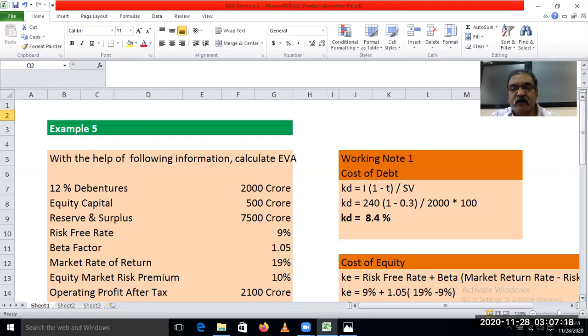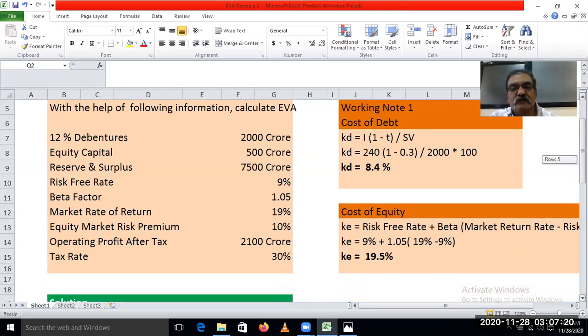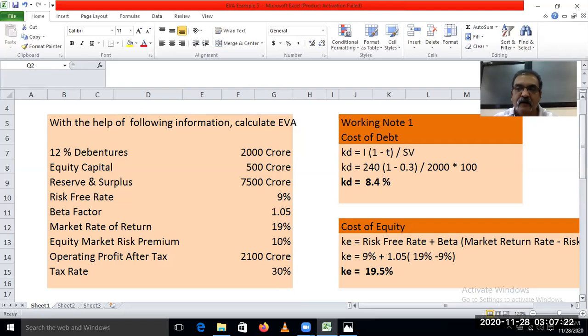Now we have to find out cost of equity. Traditionally, we have seen three approaches for calculating cost of equity. Dividend approach, D upon P. Earning approach, E upon P. Growth approach, D1 upon P0 plus g. But out of that, nothing is given to us.